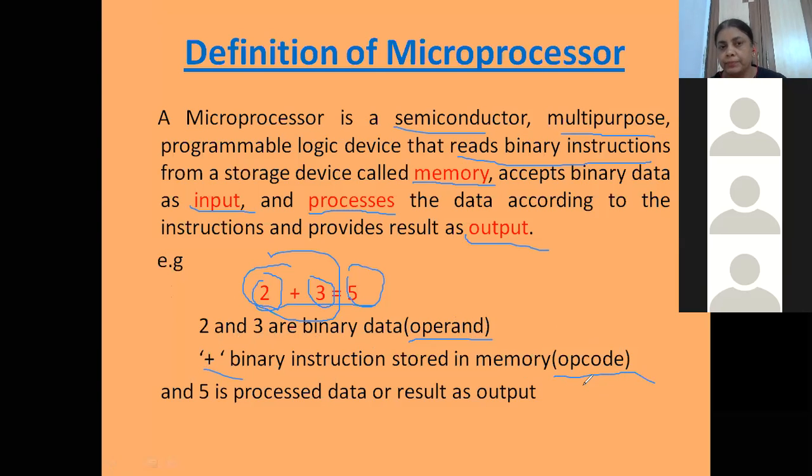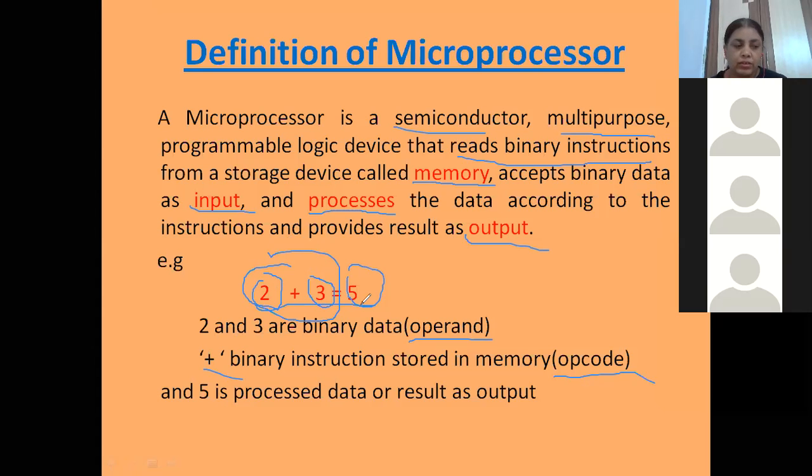Understood this concept? So this is the basic definition of microprocessor, that it will take data from the input device, take instruction from memory, and process the data according to the instruction and give you the result. That is the basic definition of microprocessor.